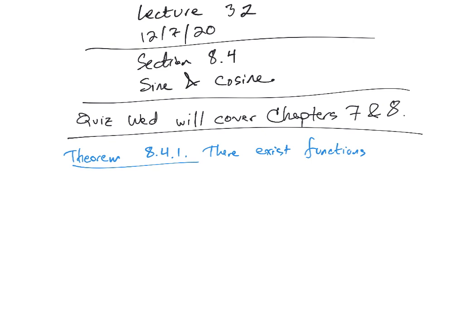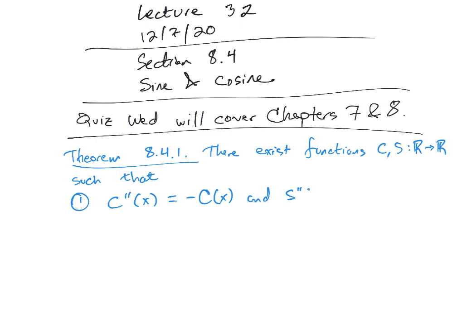So here we're going to do capital C and capital S. So there exist two functions, capital C and capital S, so that we want the second derivative of C to be negative C. And the same with sine.